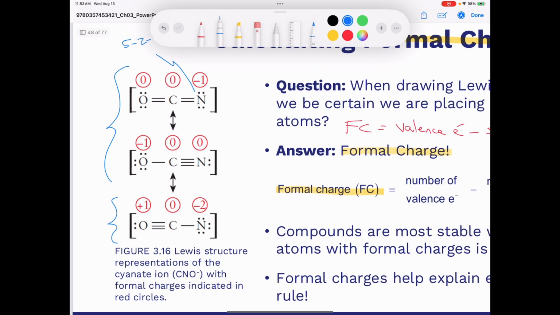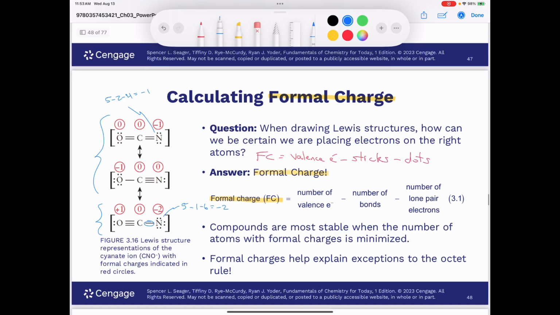Okay, you have a -2 and a +1. But you should practice and make sure you understand where that -2 came from. 5 valence electrons for nitrogen. Subtract 1 stick, subtract 1, 2, 3, 4, 5, 6 dots. So 5 minus 1 minus 6 gives you -2. So you can practice calculating your formal charge that way.